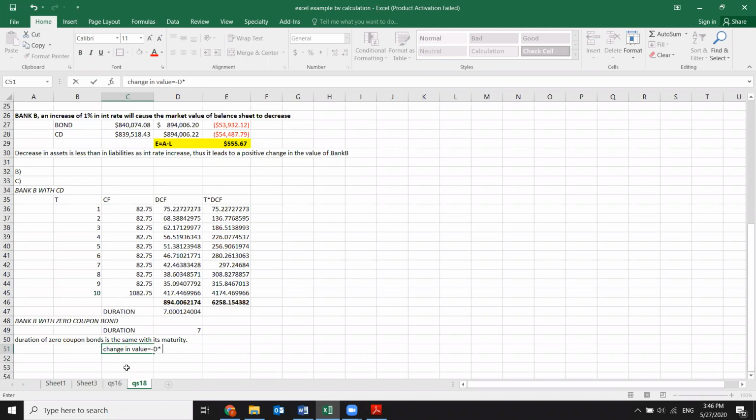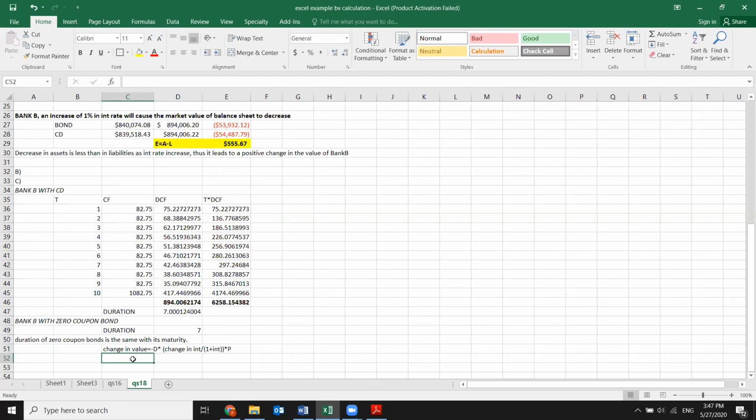So it was the following formula: change in interest divided by 1 plus interest. And this all should be multiplied by the price of the certain security, the current market value.